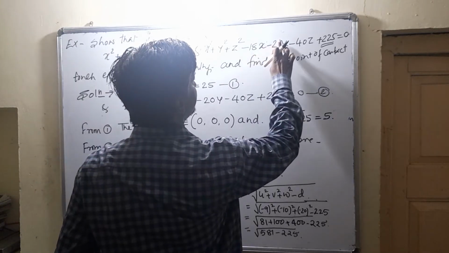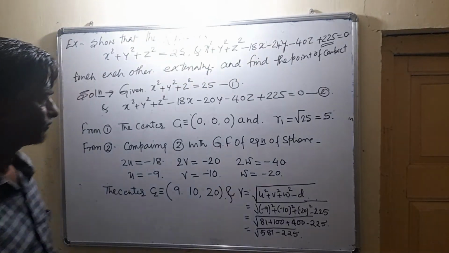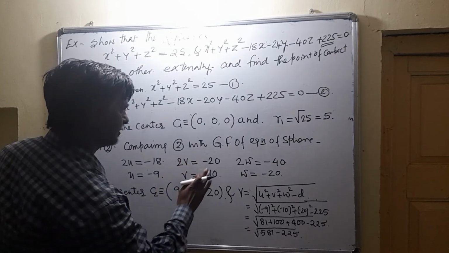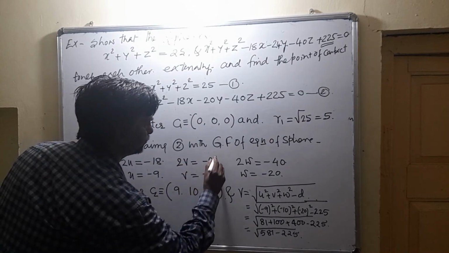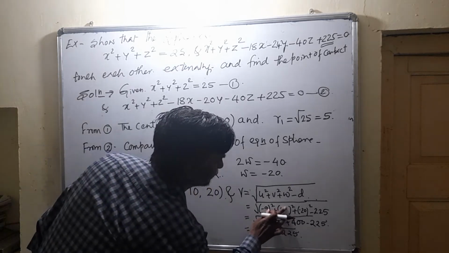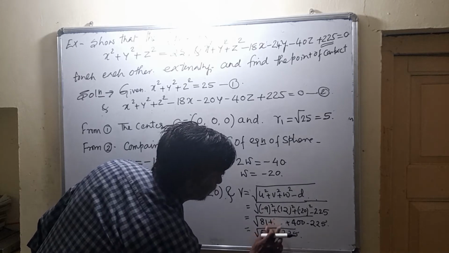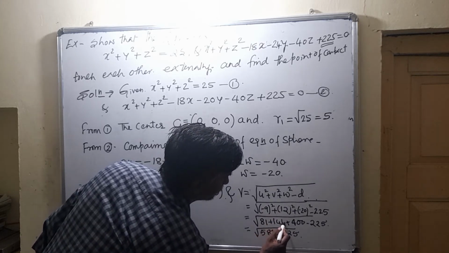It is not 20, it is 24. So 24y becomes 24, half of it is 12, and 12 square is 144.